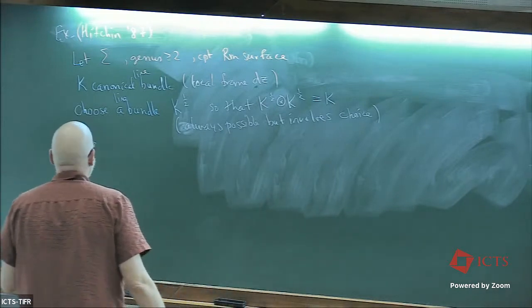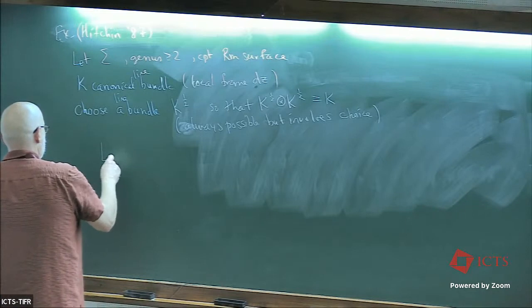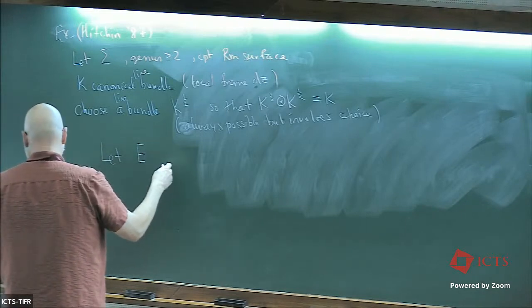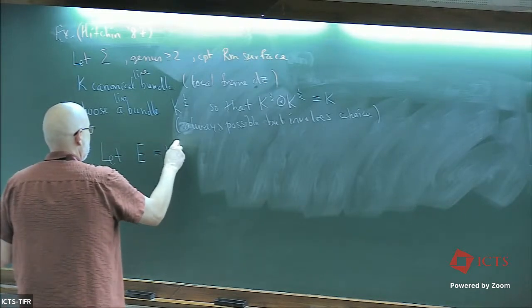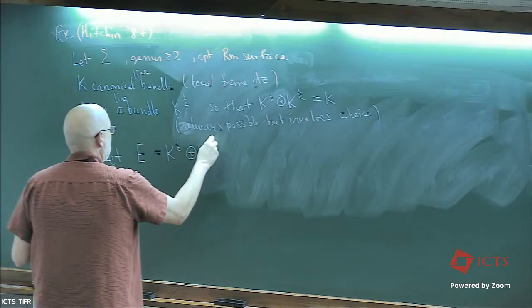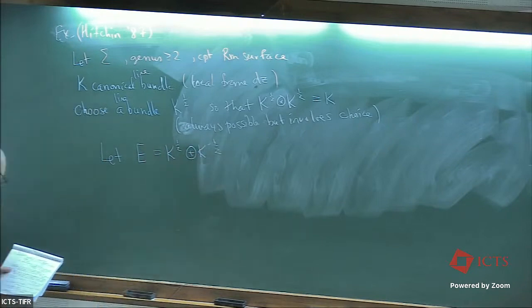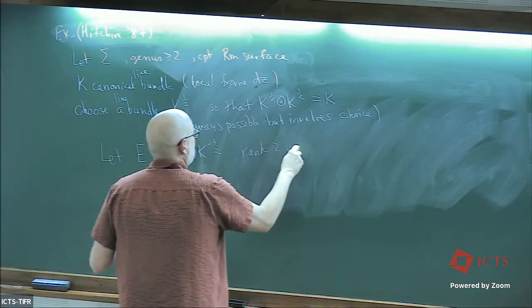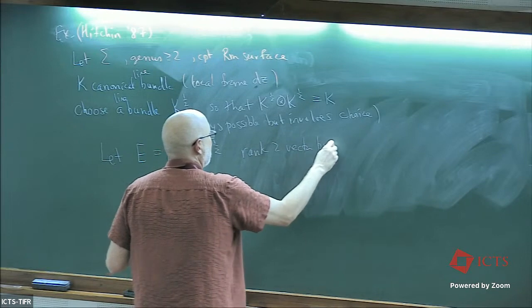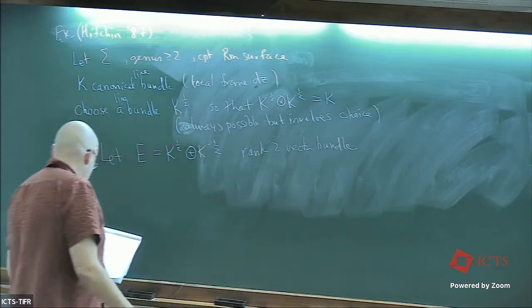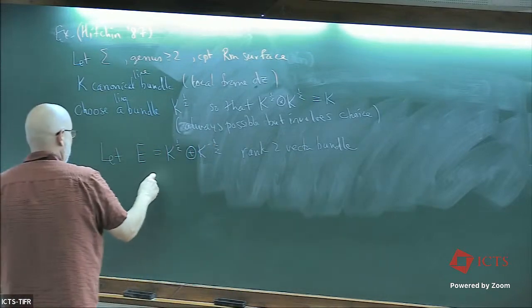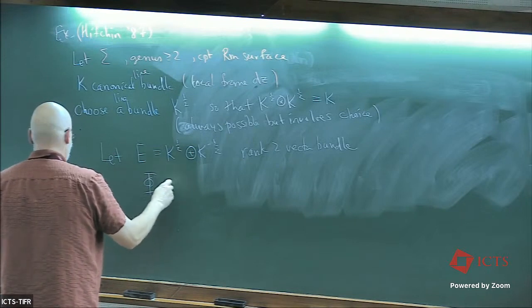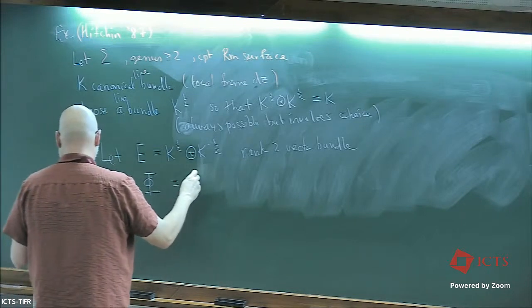Okay. And so now what we're going to do is let E be a very special vector bundle, k to the 1/2 plus k to the minus 1/2. So this is going to be a rank 2 vector bundle. And we're going to consider a Higgs field being given by the following.